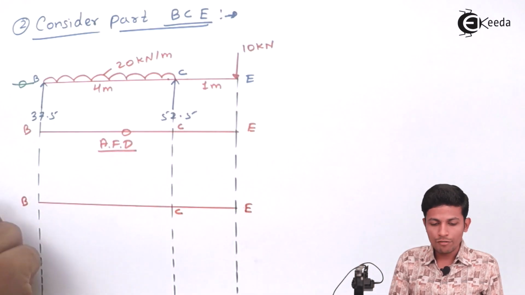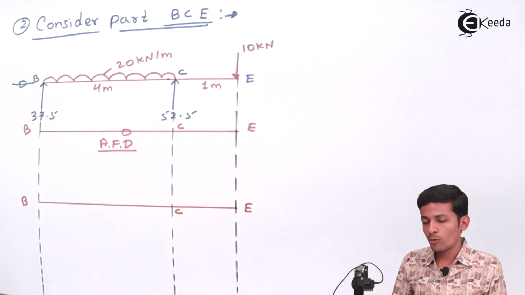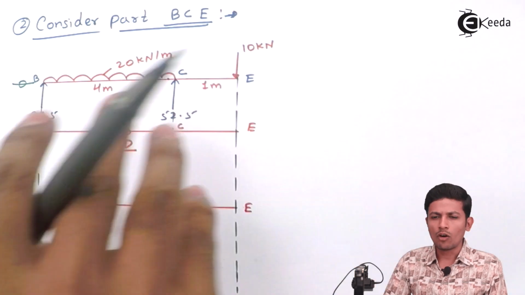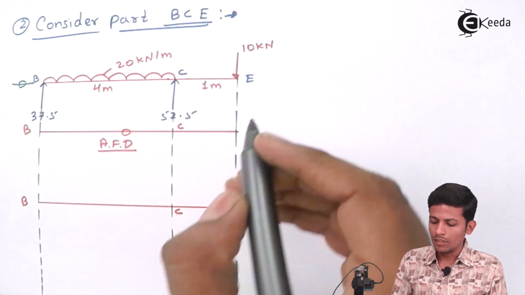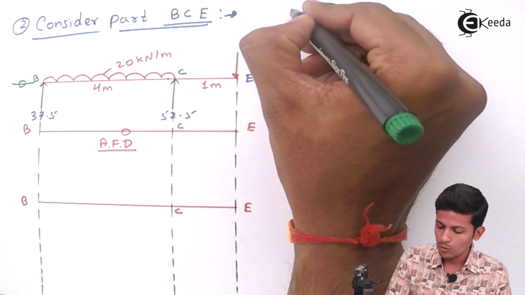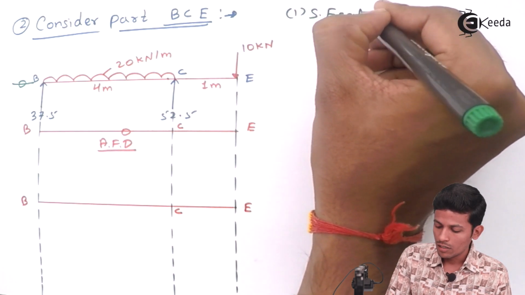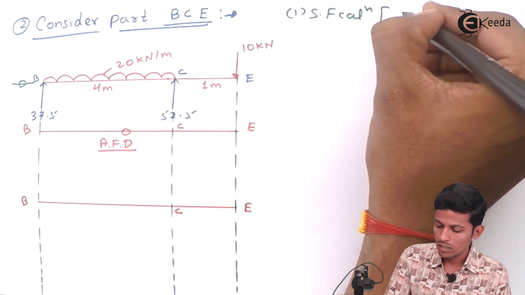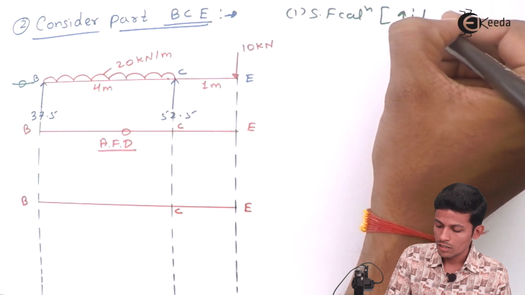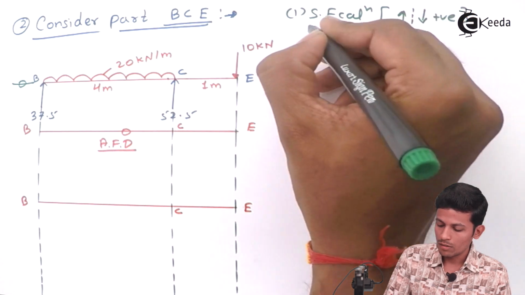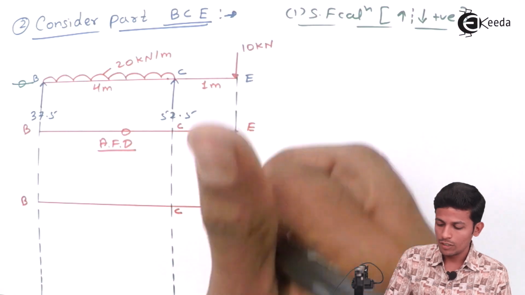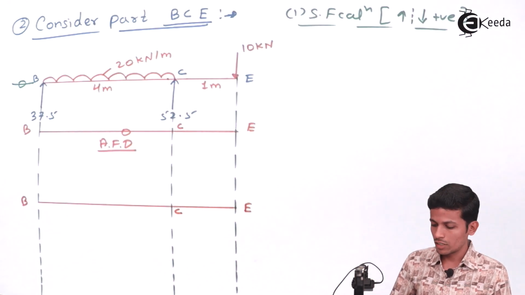Okay, now what we have to do? Shear force calculation. If you want, you can calculate over here only, or you can directly draw the diagram. I'm just explaining once again. This first one is shear force calculation. This will come positive. Now see what has come.